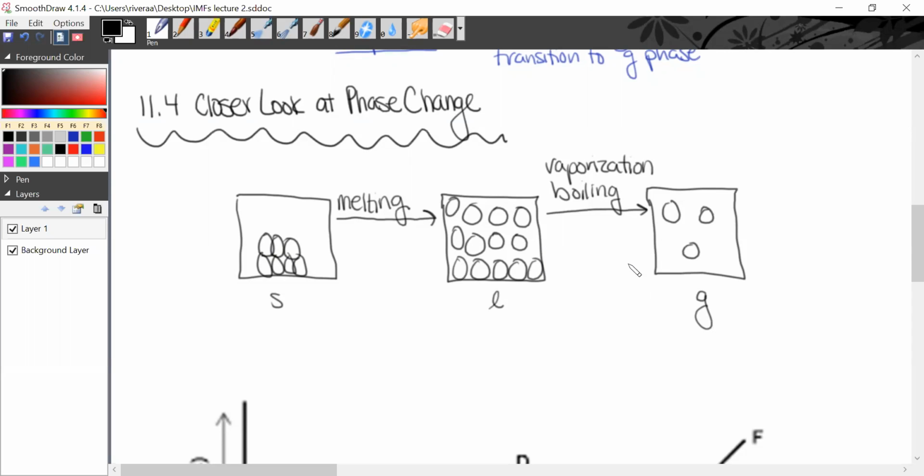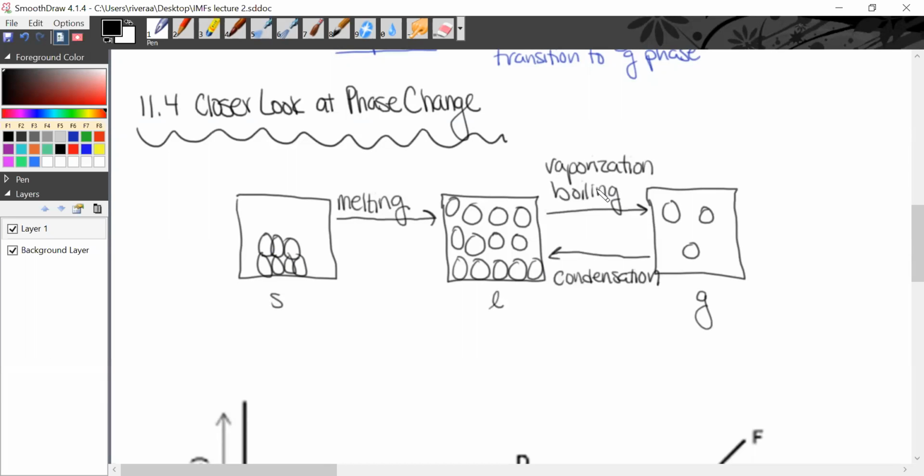However, these things can also happen in reverse, right? So gas can go down into the liquid phase, and we call that condensation. And we don't often think about it, but condensation happens at the same temperature that boiling happens at. You're just talking about a different direction, okay?